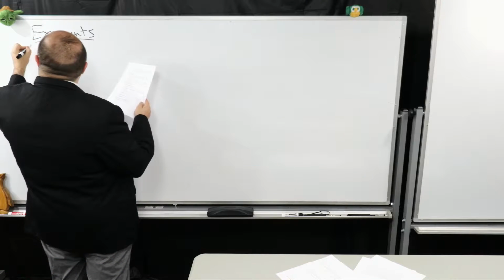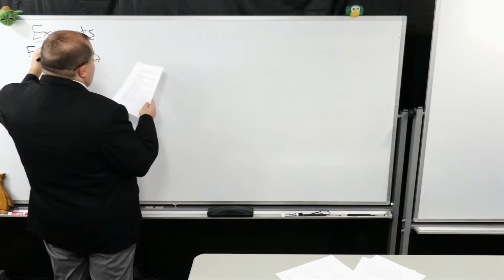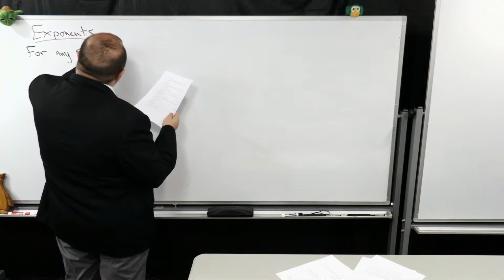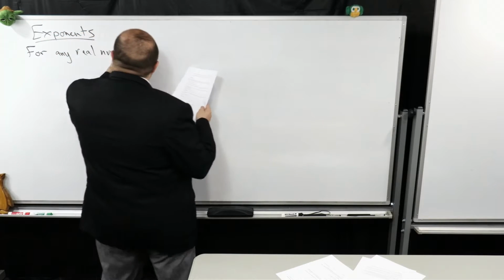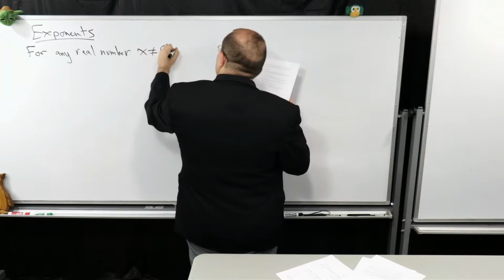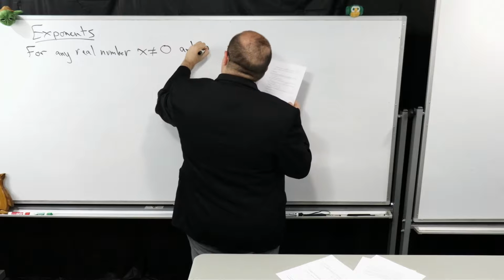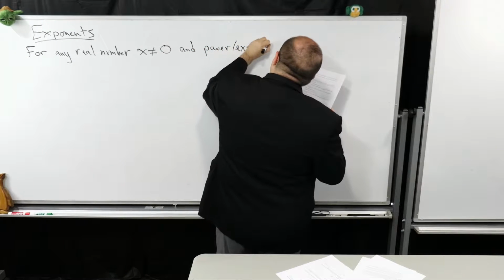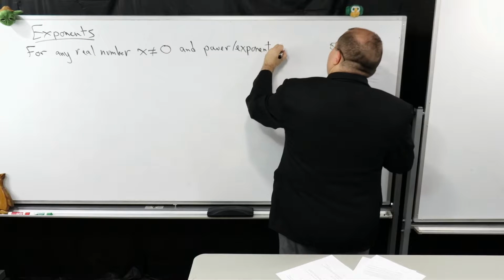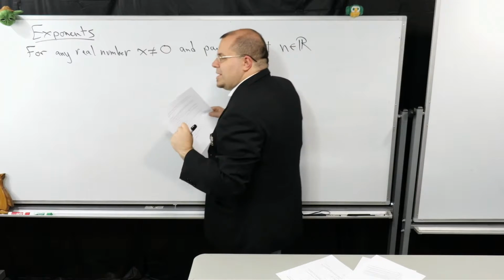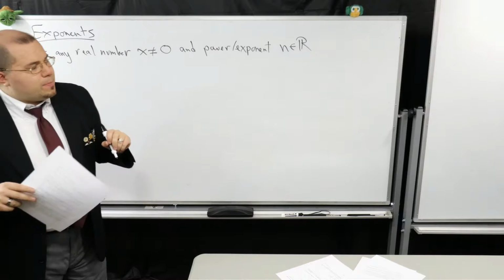So, for any real number x not equal to 0, and power or exponent n, which is going to be a real number. This fancy R here, that means real number.